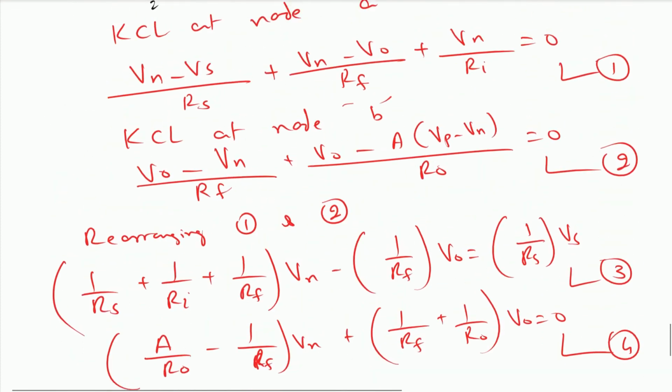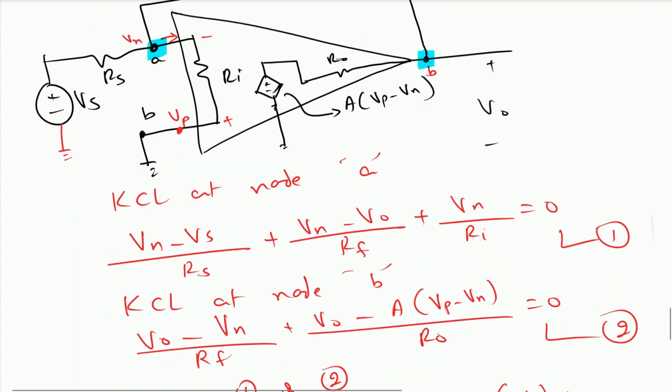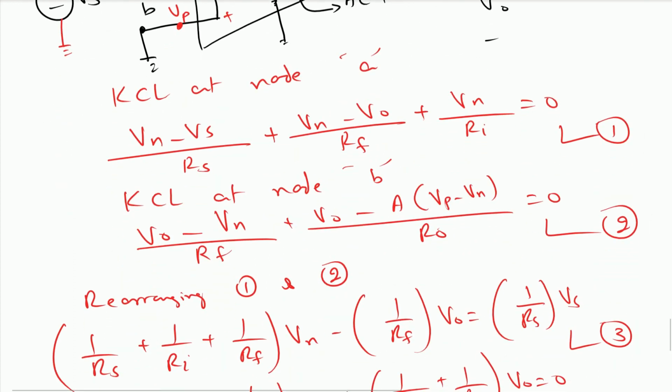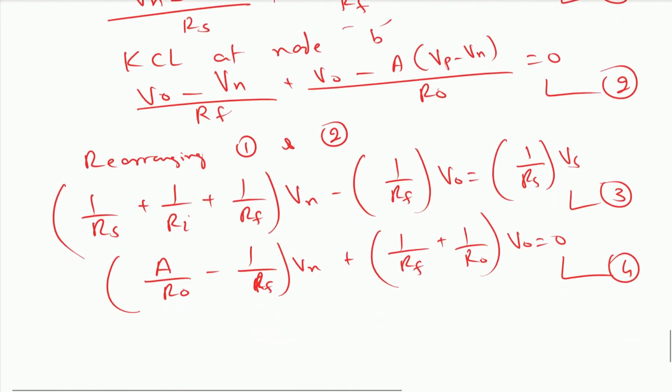So we started with the application of Kirchhoff's current law at node A as well as at node B. Then we rearranged equations number 1 and 2 in terms of the variables Vn, V naught and Vs, and we came up with equations number 3 and 4.